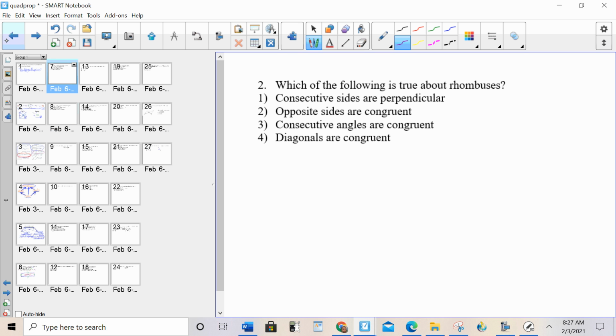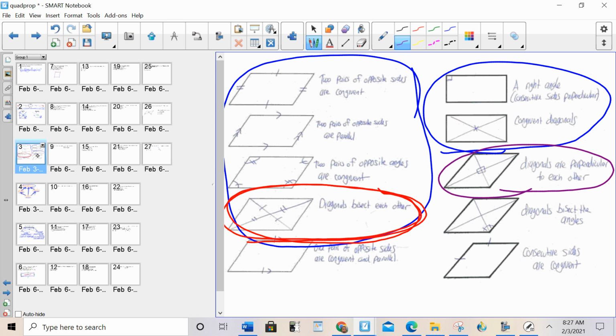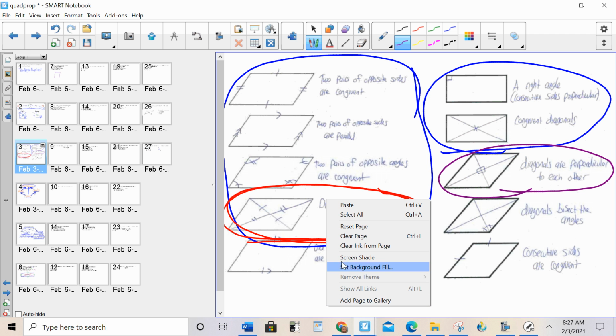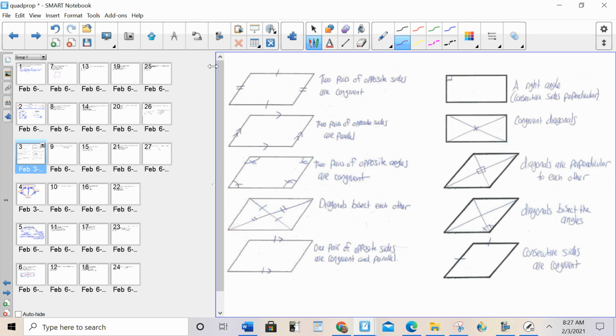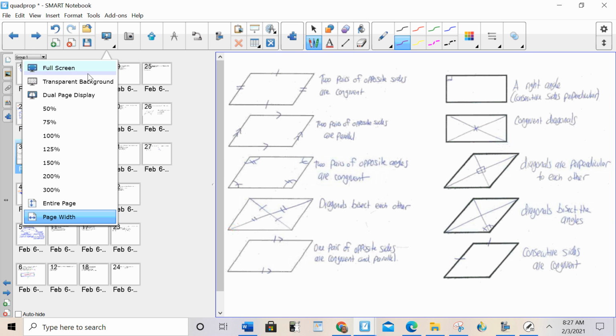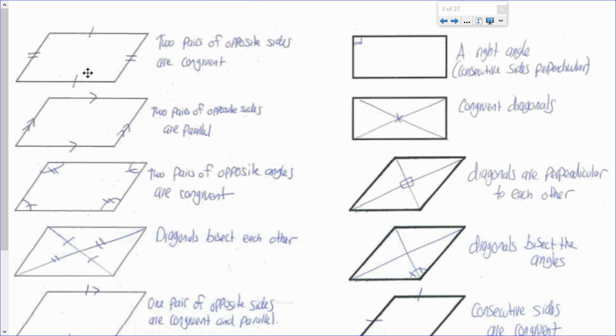Number 2, which of the following is true about rhombuses? So we're going to draw the rhombus. If you haven't already, take a picture or a screenshot of this, or do it the old-fashioned way and write it down, because we're going to be referring to it a lot throughout.